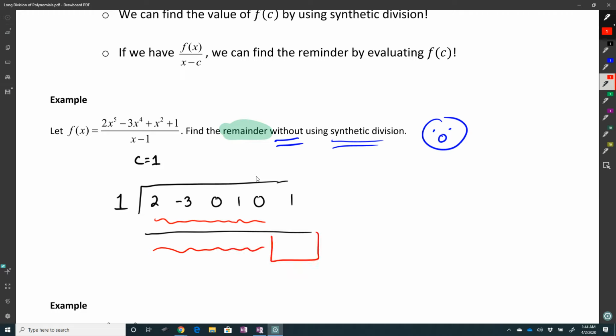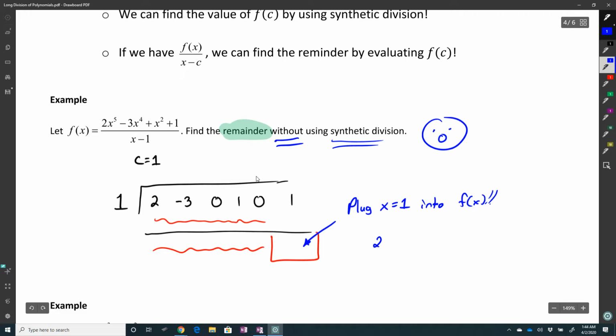I know I can do things here, but I don't have to. What the remainder theorem says is this number right here is just plug 1 into f of x. And so if I plug 1 into f of x, that's just 2 to the 5th minus 3 to the 4th plus squared plus 1. And that gives me 2 minus 3 plus 1 plus 1.